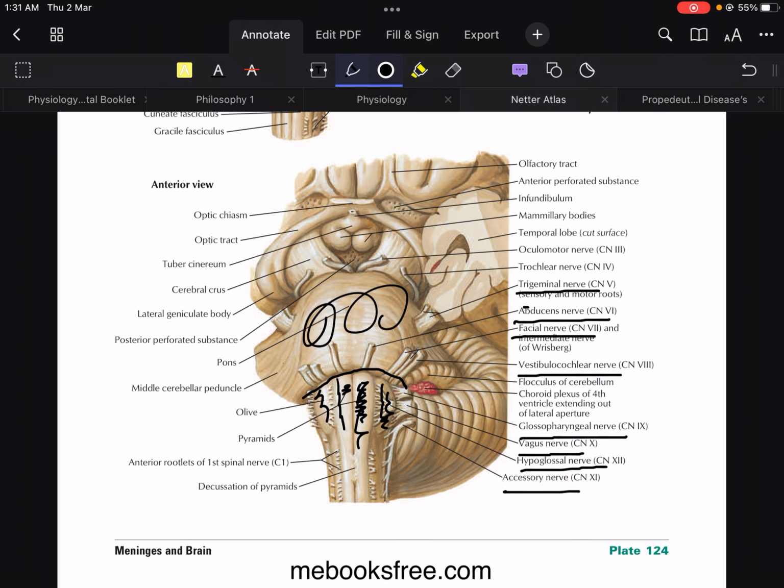The vestibulocochlear nerve has two names, vestibular and cochlear, because it innervates two parts.